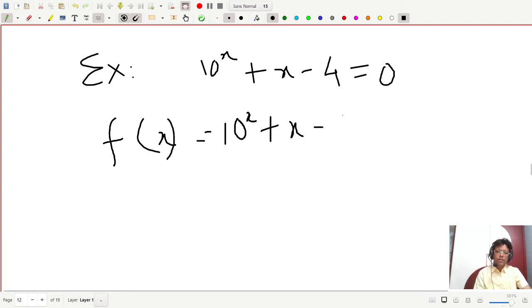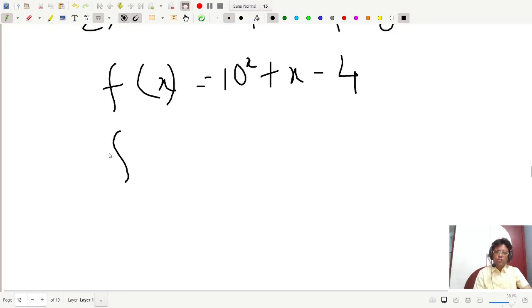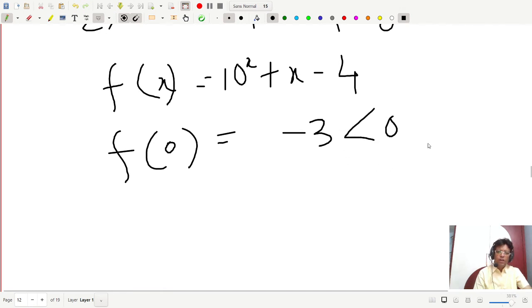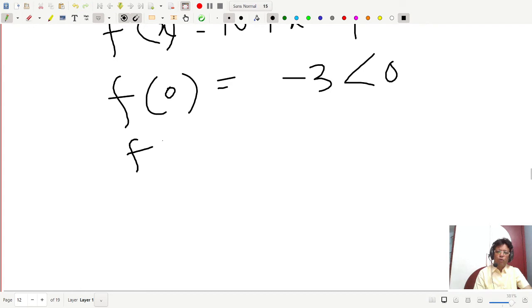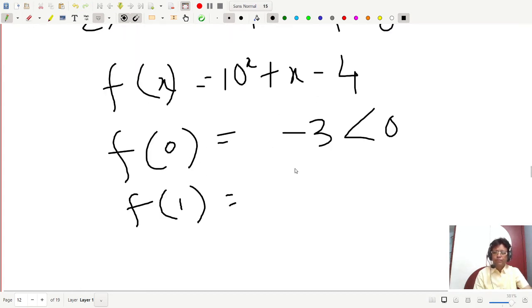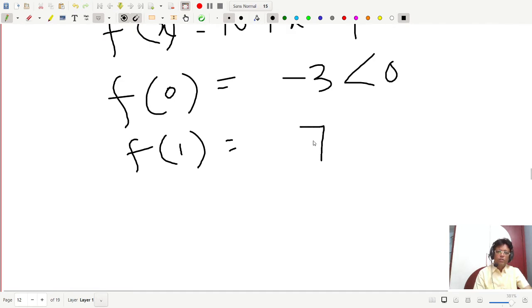By trial and error, what is the value of f(0)? f(0) will be -3, which is less than 0. Let's calculate the value of f(1). The value will be 7. So it is positive. Hence, there is a real root between 0 and 1.